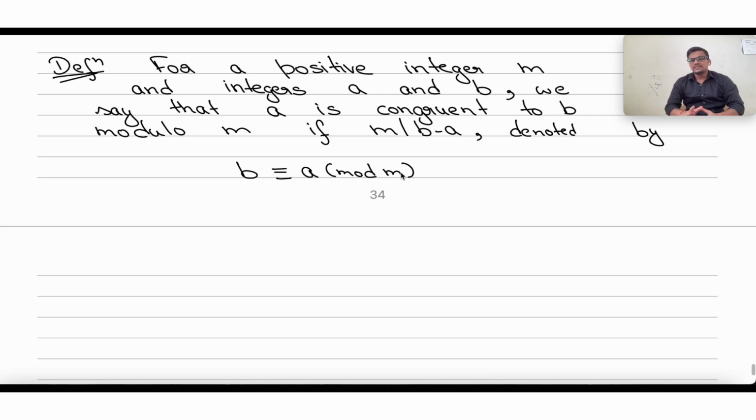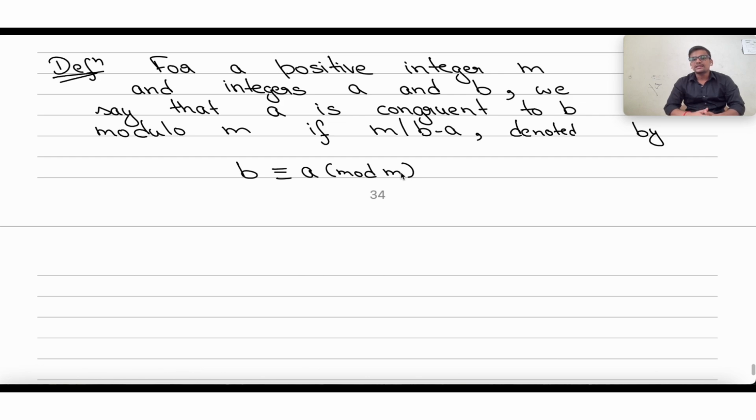So what is the definition? Again, we have to consider one positive integer, say m, and if we have two integers a and b, then we say that a and b are congruent modulo m if m divides b minus a.